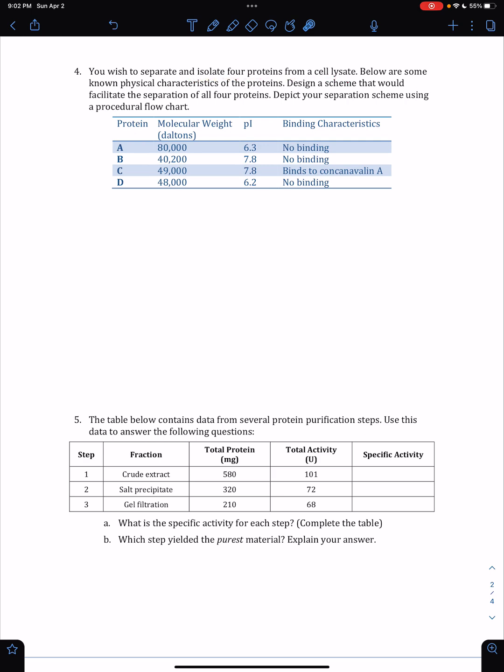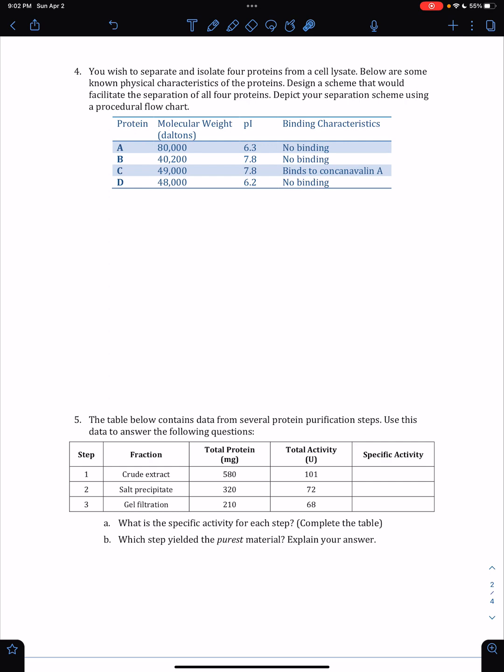Now this problem is kind of an artificial question, because normally you have a mixture of things in your cell lysate, and you may only know details about the one thing that you want, but maybe you know about more things. But this table is telling us, let's imagine that there are 4 proteins in this mixture, and we know bits of information about them. We know things about their molecular weight, we know their isoelectric point, and we know a little bit about its function. Does it bind anything in particular?